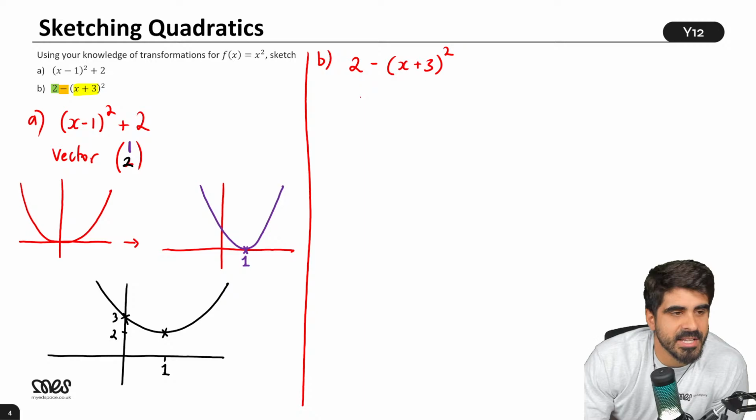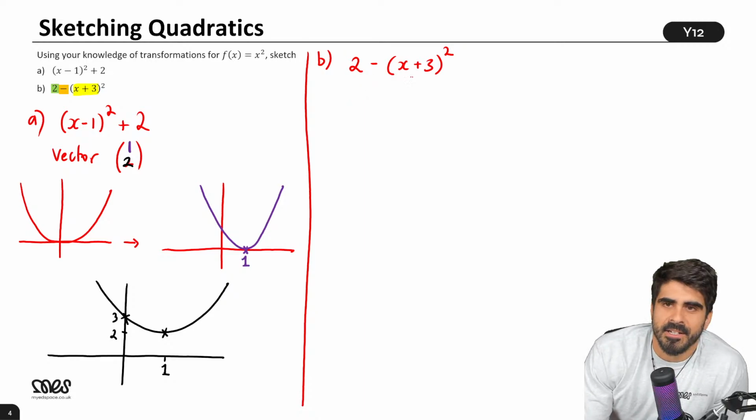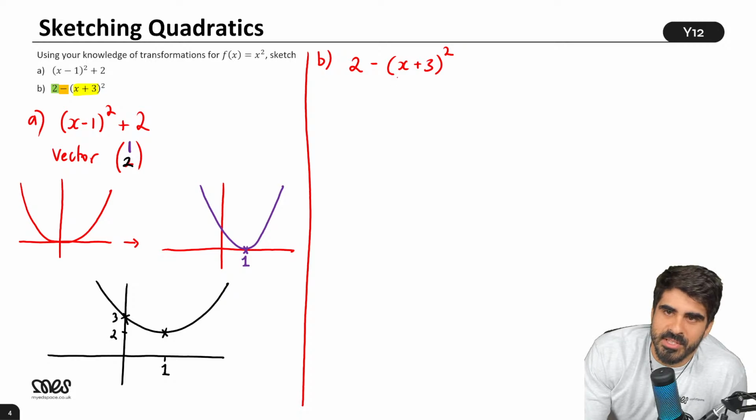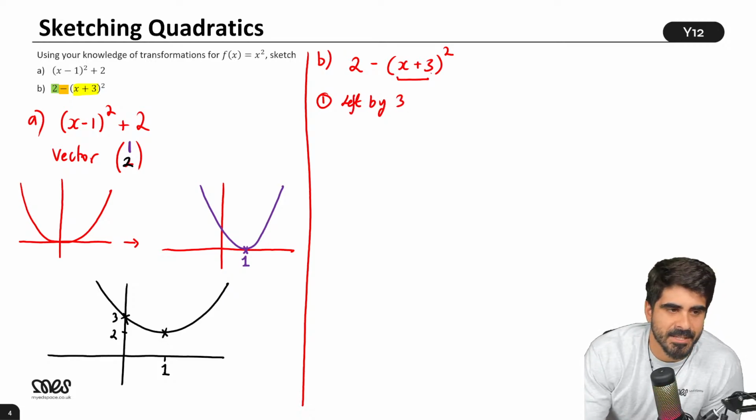So, BC and Lydia got the same thing. So the first section, like we said, is the inputs, right? So the first thing is we're going to go left by 3. Yeah, x plus 3 means we're moving to the left by 3. We're minusing 3 from the x values.